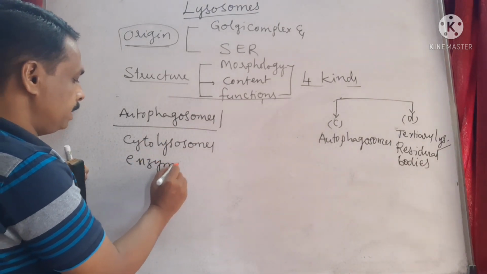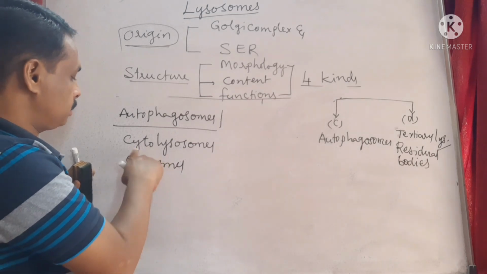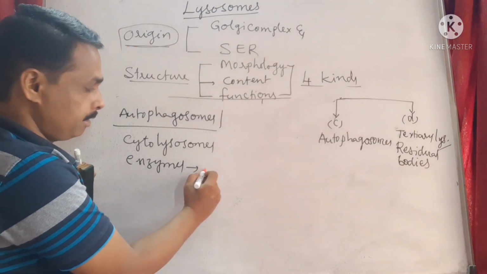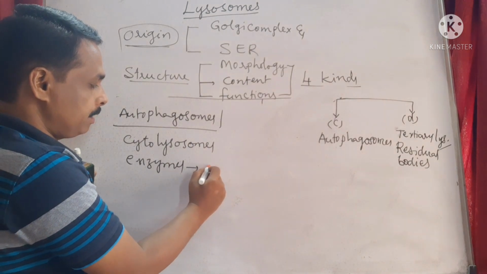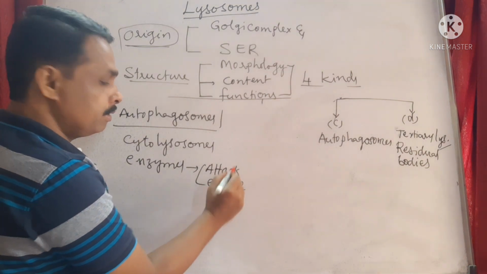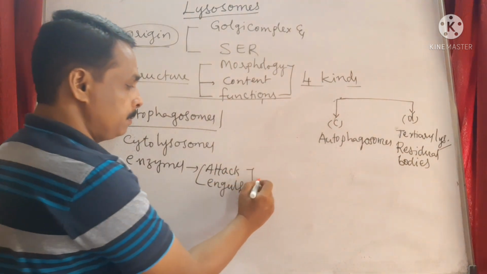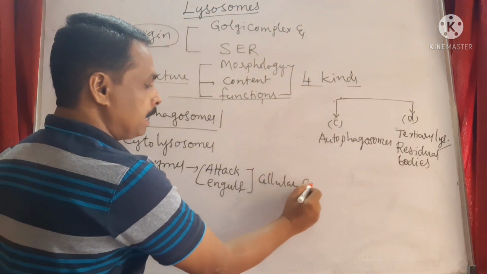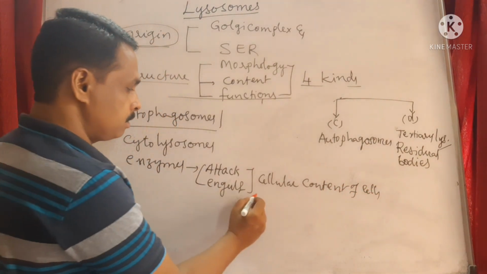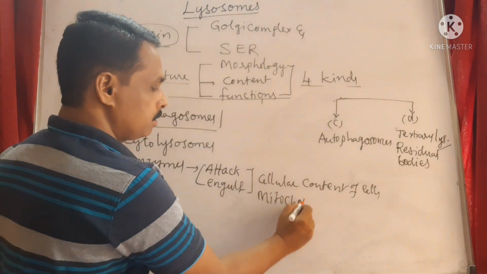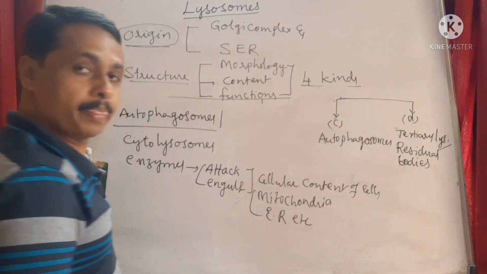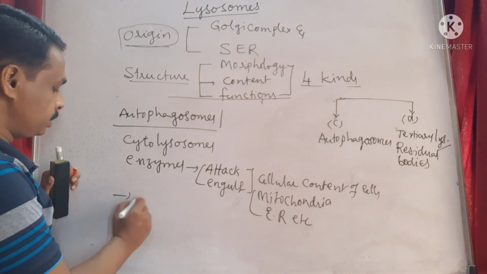Because of these enzymes, they'll attack and engulf the cellular content of cells such as mitochondria or endoplasmic reticulum, etc. under starvation conditions.